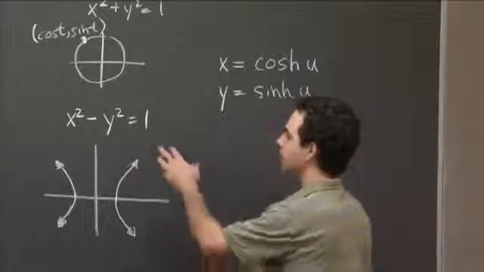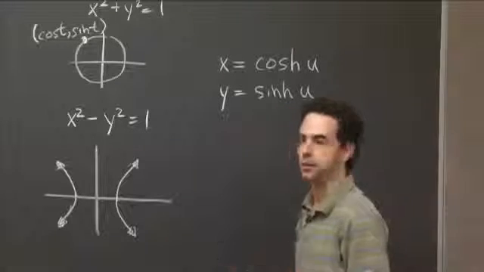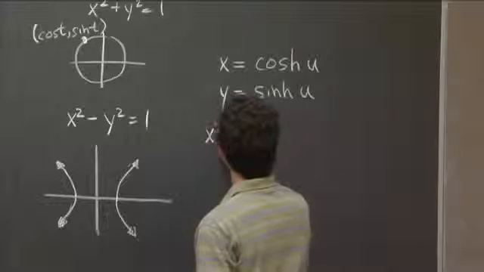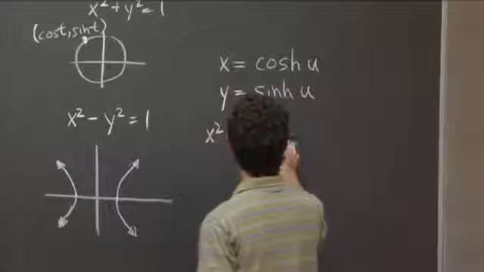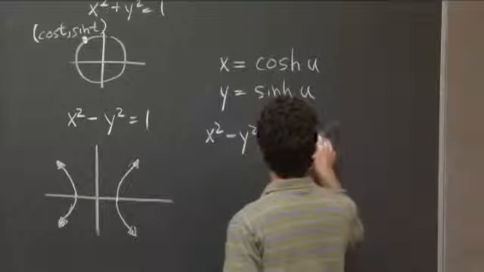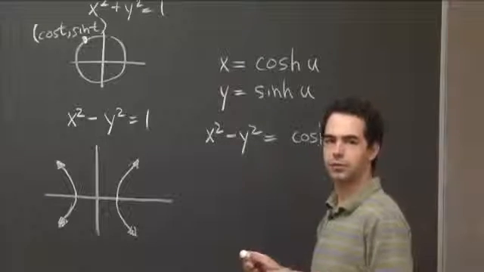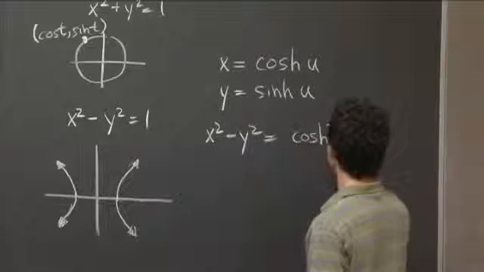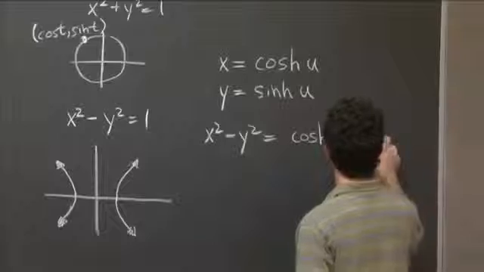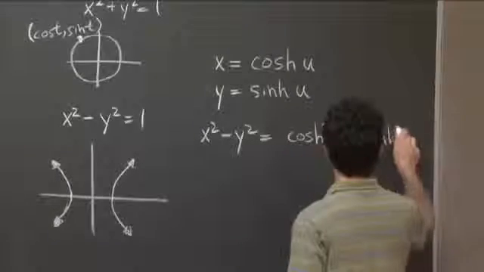And now I'm going to look at the quantity x squared minus y squared. We use most of the same notation for hyperbolic trig functions that we do for regular trig functions. So this is cosh squared u minus sinh squared u.